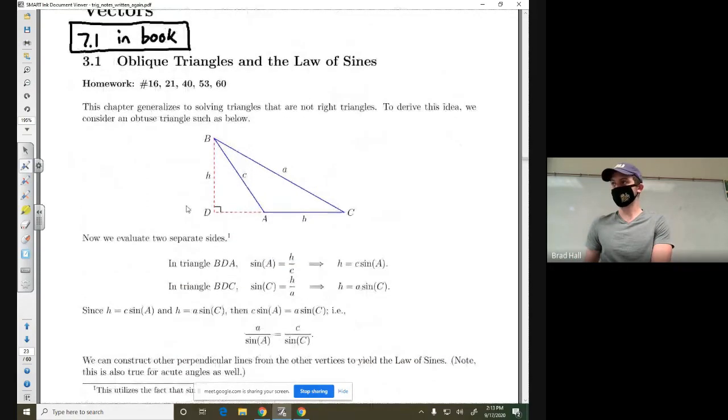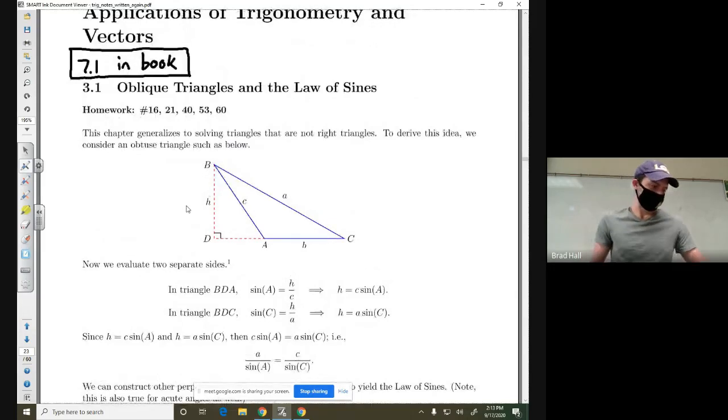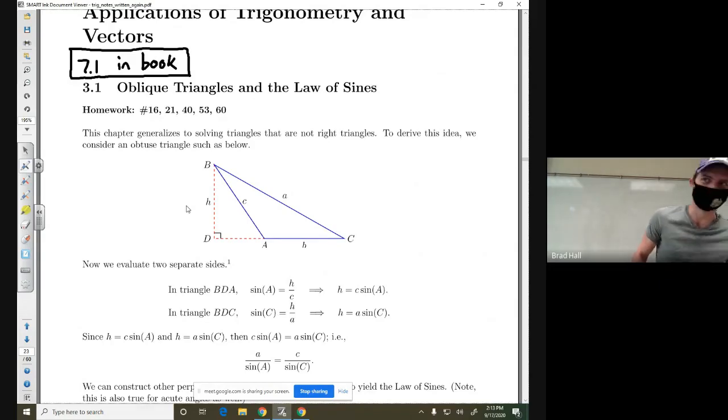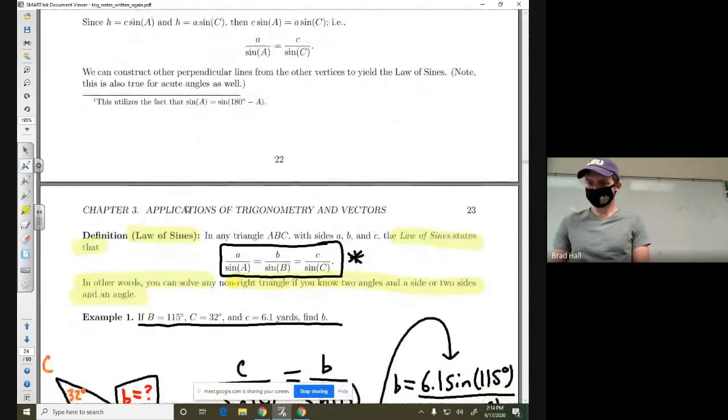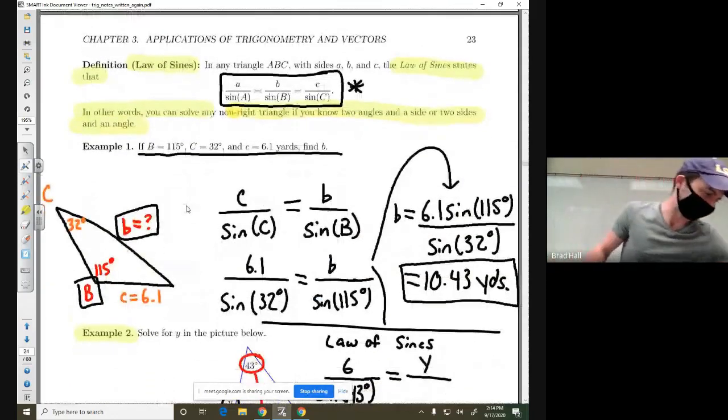No, for point two, 3.1. Okay, it was completely different. Oh my, yeah. Radian measure. No correlation. Maybe I should have just started assigning parameterization problems.